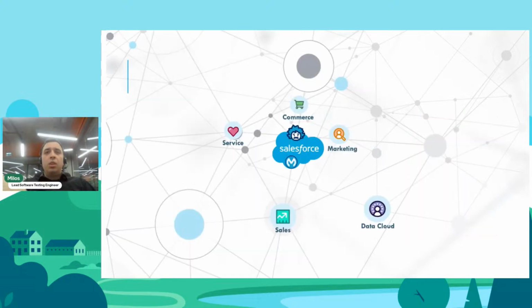All of these clouds that I mentioned are quite easily integrated with each other, and that integration is quite seamless. Based on my experience, I did not have a project where it was only one Salesforce solution. It was always multiple Salesforce solutions.